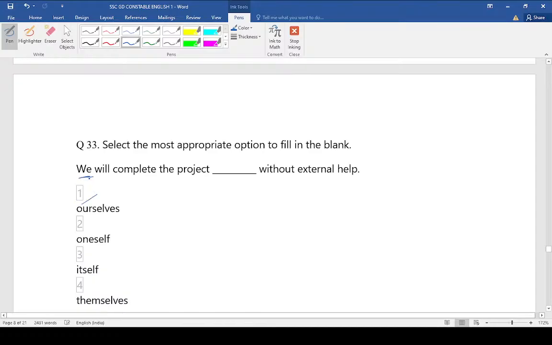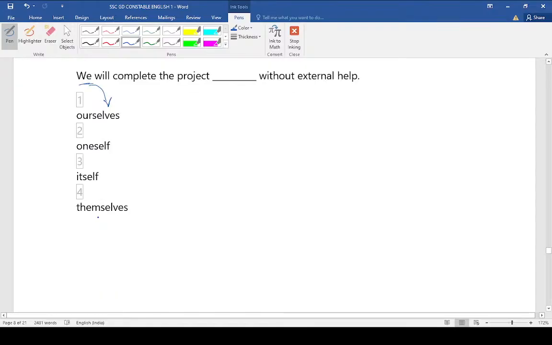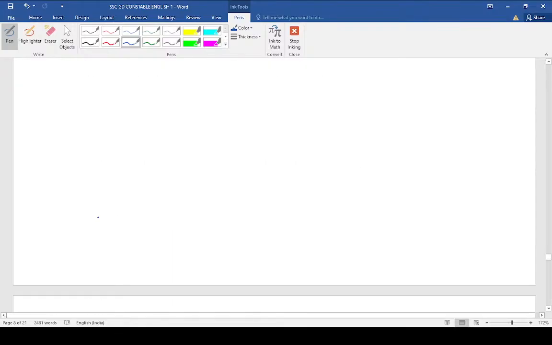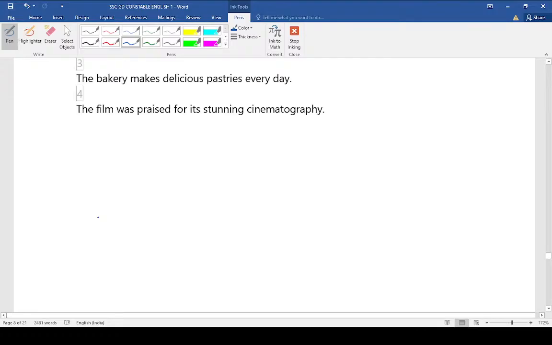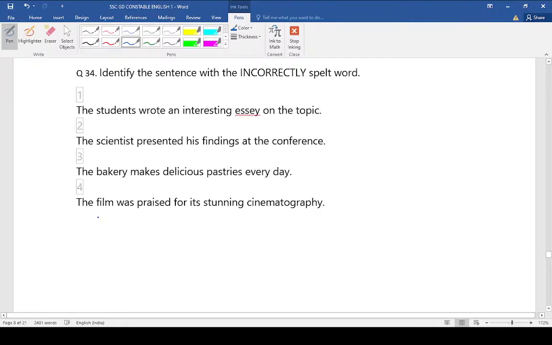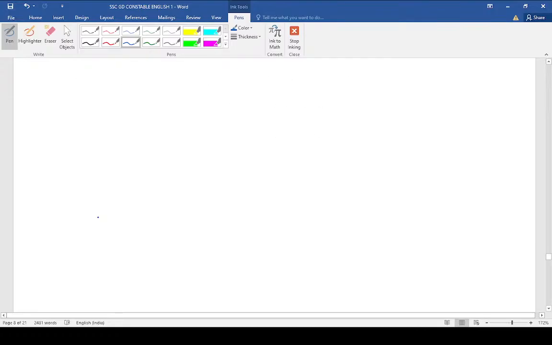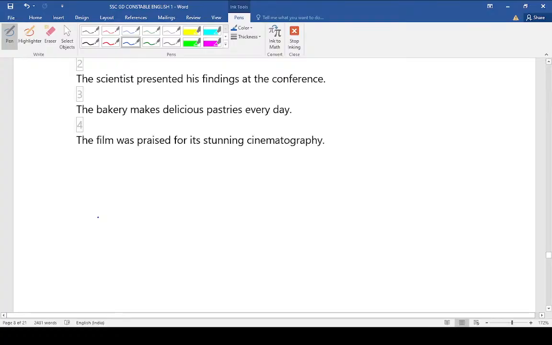B is given, so for that the reflexive pronoun will be ourselves. It is a direct thing. Plural came, in the plural form only we have to take. Just a minute.